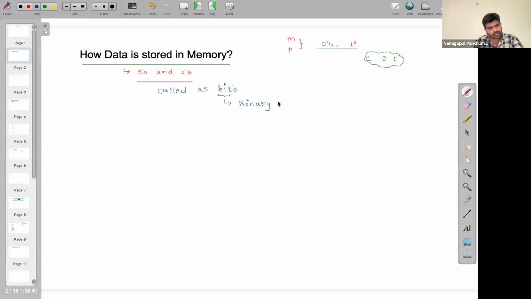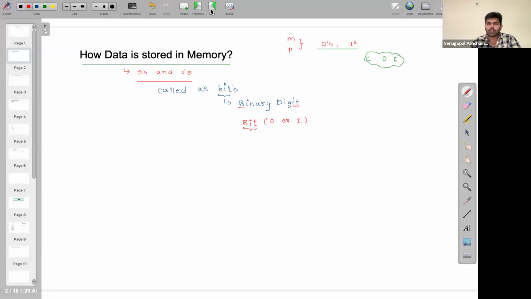The full form of bit is binary digit. In this, they have taken the B separately and the last two letters, IT, separately, so in short form they call it bit. This bit can be either 0 or 1.